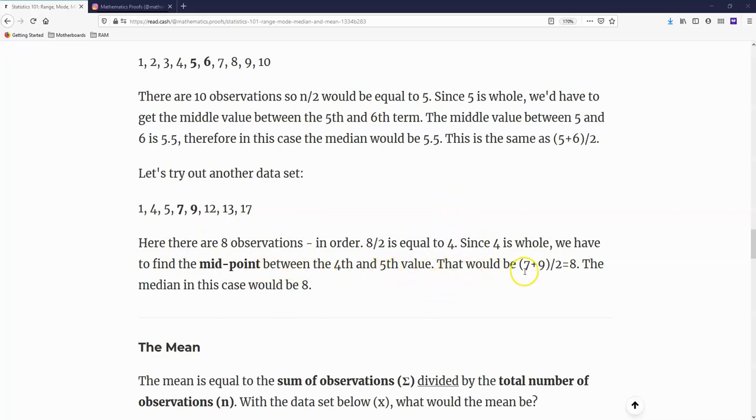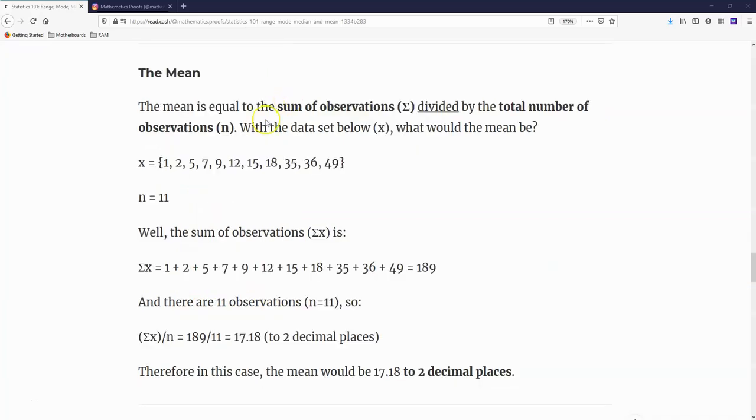That would be 7 plus 9 divided by 2, which is equal to 8. As you can see, 7 and 9 are the 4th and 5th values. The median in this case would be 8.